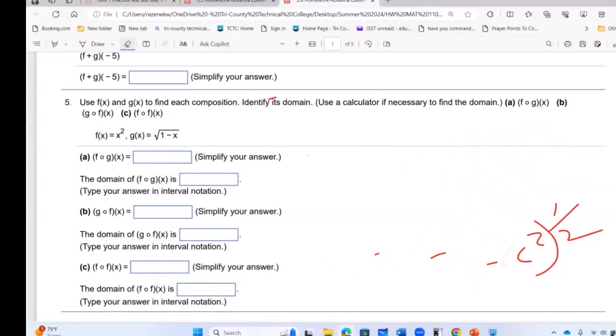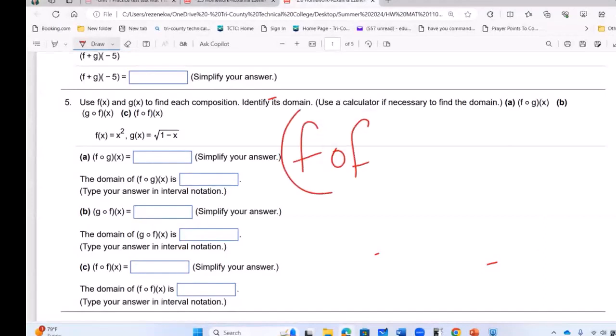Then I'll bring down the question. The question says find f composed of f of x, and then substitute f into f. That's what it is. So I will put down x squared. This is where my x squared is, so I just put that empty something inside the parentheses.